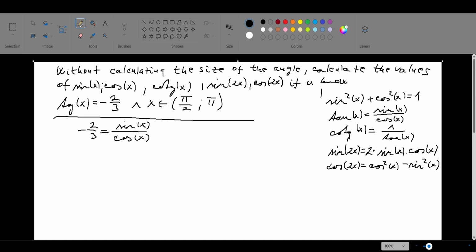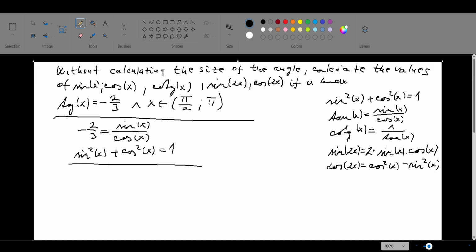But the good news is that the Pythagorean identity is helping us, because we can use it, which means that sine squared of x plus cosine squared of x is equal to 1. So now we have two equations with two unknowns, sine of x and cosine of x.